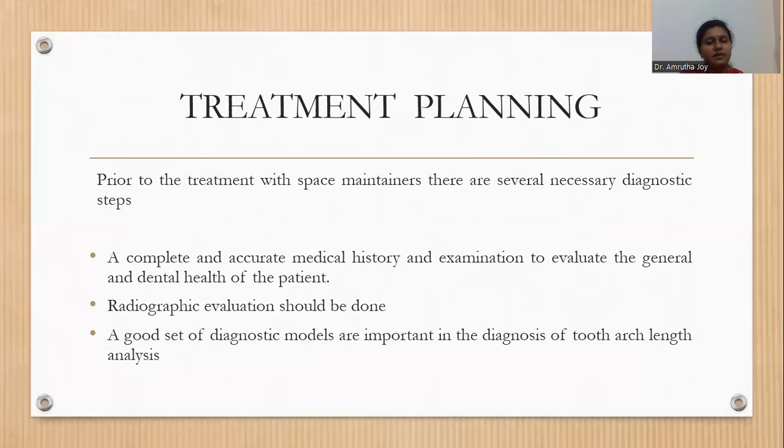And if the patient is immunocompromised, we cannot plan a distal shoe space maintainer, etc. So a complete medical and dental history is needed. Radiographic evaluation should be done to know the eruption status of the developing tooth bud as well as the amount of bone covering. Then a good set of diagnostic models needs to be prepared for model analysis.